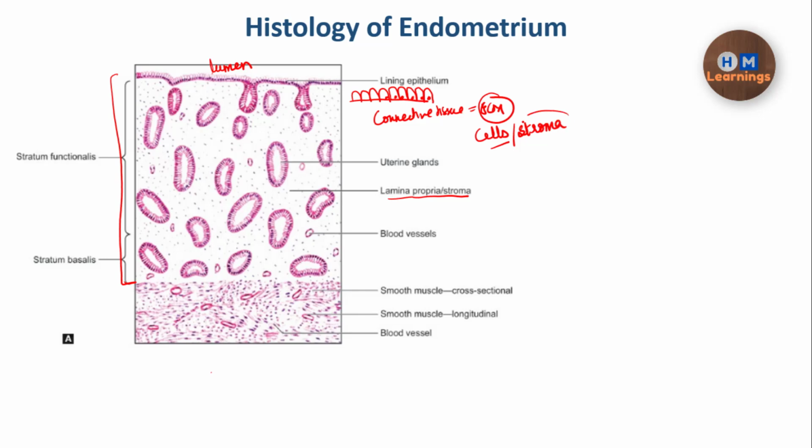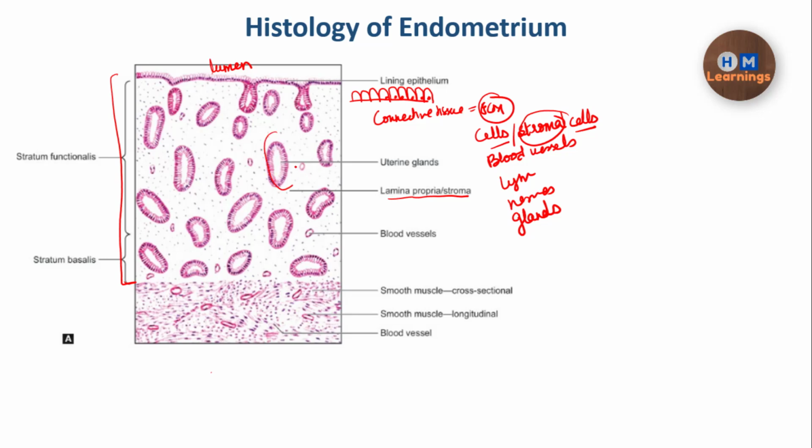So stroma, you should remember, the stromal cells are the type of cells which are formed in the connective tissue of the endometrium. Apart from this, the connective tissue is going to have the blood vessels, the lymphatics and the nerves also. Also a very important thing, the glands, the uterine glands.